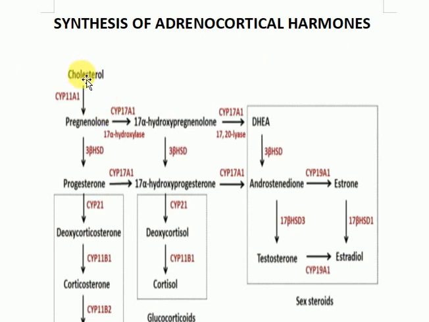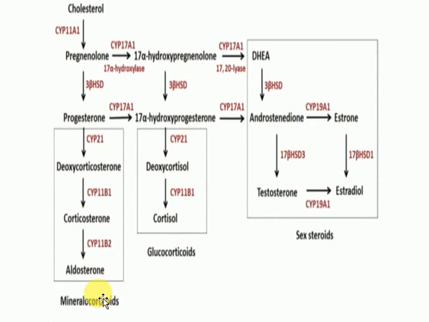The cholesterol is converted into pregnenolone. The pregnenolone is converted into progesterone, that is a 21 carbon steroid. That is the precursor for the others in the 21 carbon series. Then these are the deoxycorticosterone, the corticosterone, and the aldosterone, which is the mineralocorticoid.